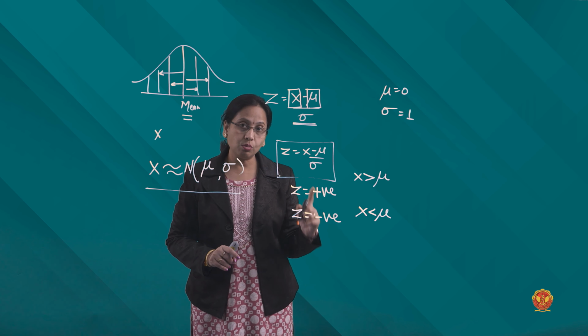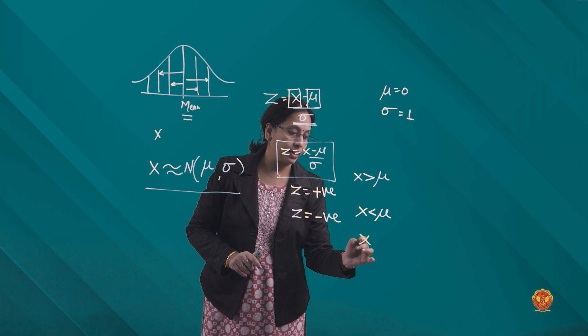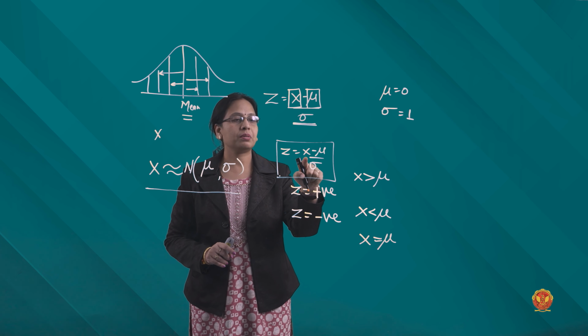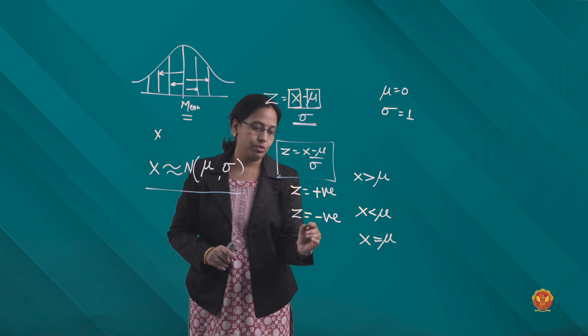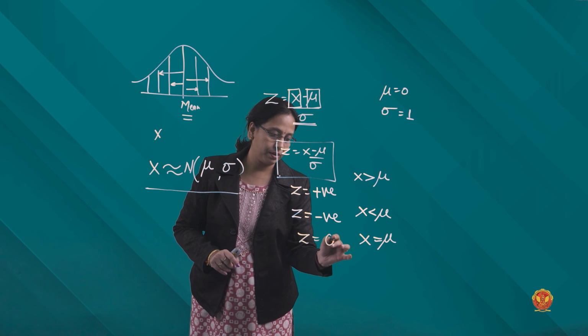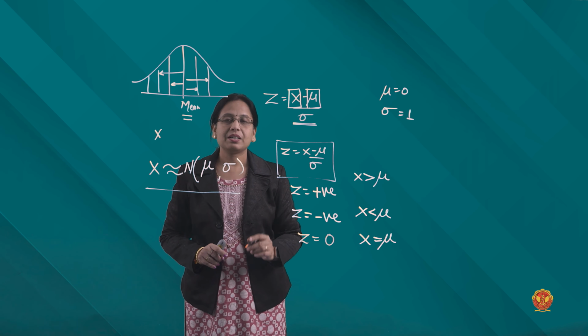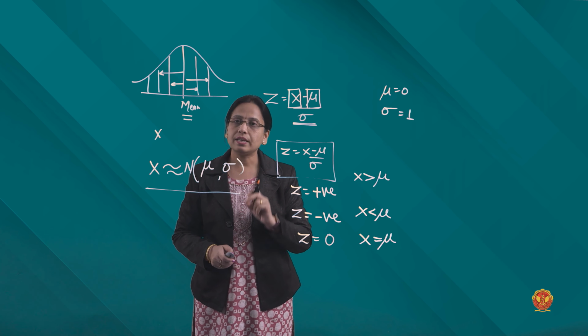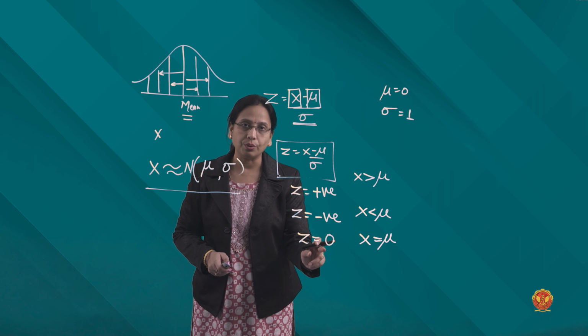But one more case is possible. If x is equal to mu, what will happen? In that case, look at the equation: x is equal to mu, so obviously z will become 0. When x is equal to the mean, x has a z-score of 0.